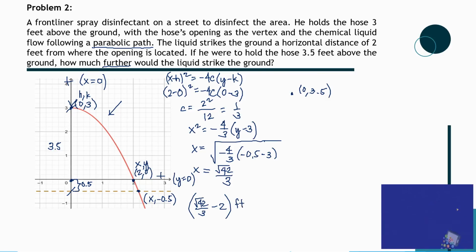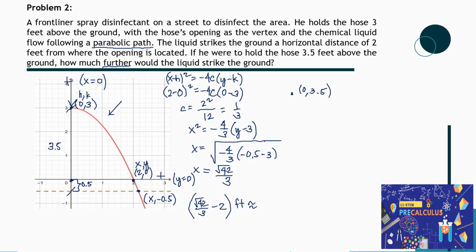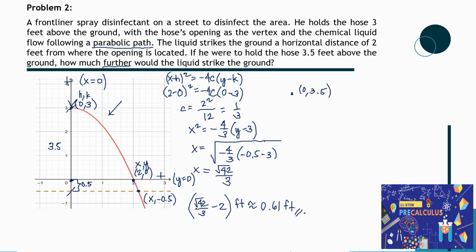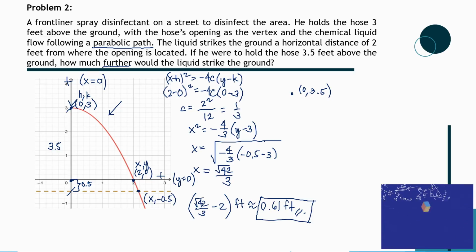For calculating, this is approximately equal to 0.61. So this is the horizontal distance the liquid will further travel to strike the ground. So that's the answer to our problem.